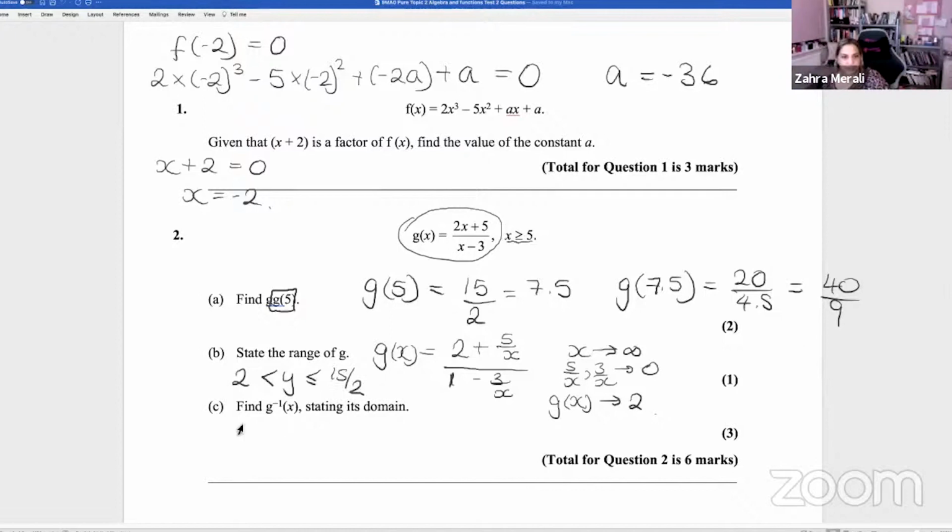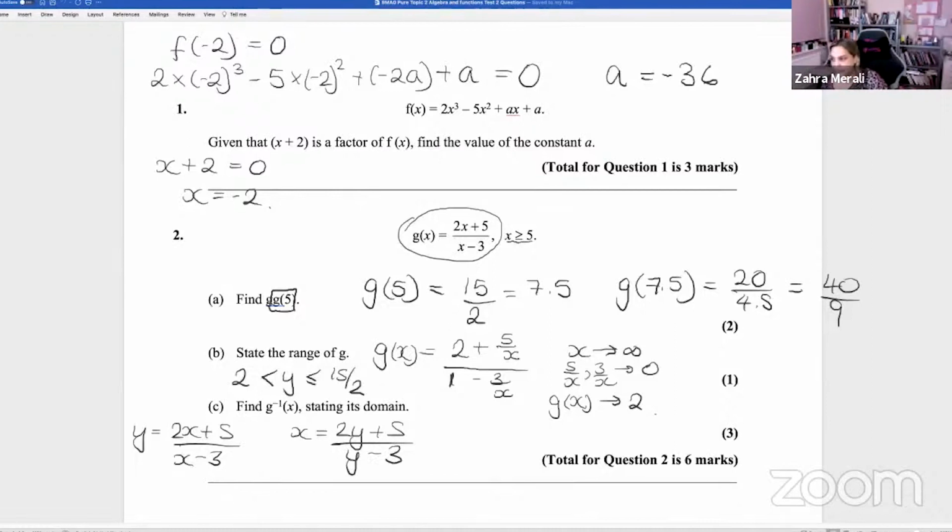Now we're going to find the inverse, stating its domain. First, we make it y equals 2x plus 5 over x minus 3. Swap our x's and y's: x equals 2y plus 5 over y minus 3, and rearrange to make y the subject.